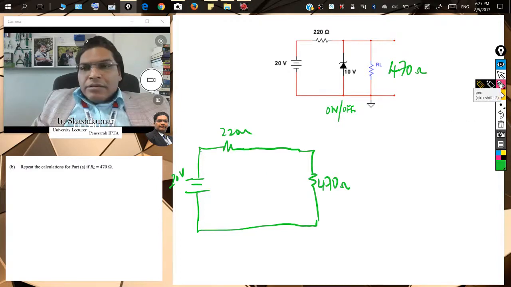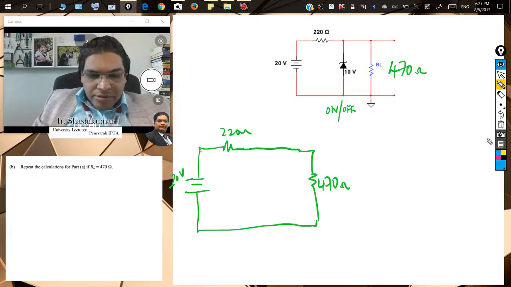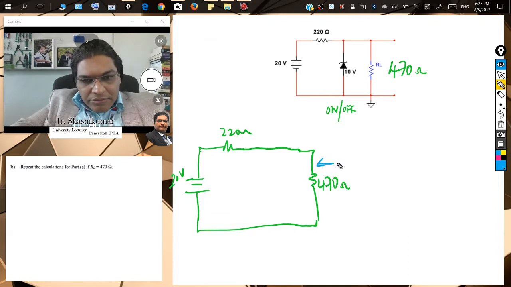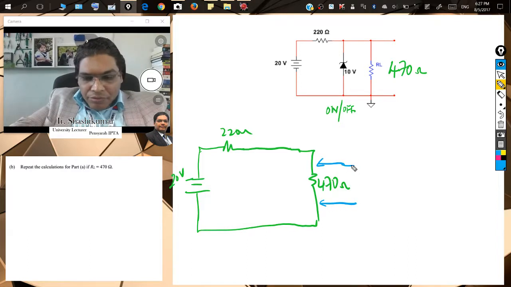So using the voltage divider rule, we could find the voltage across here. That would give you 13.62 volts.